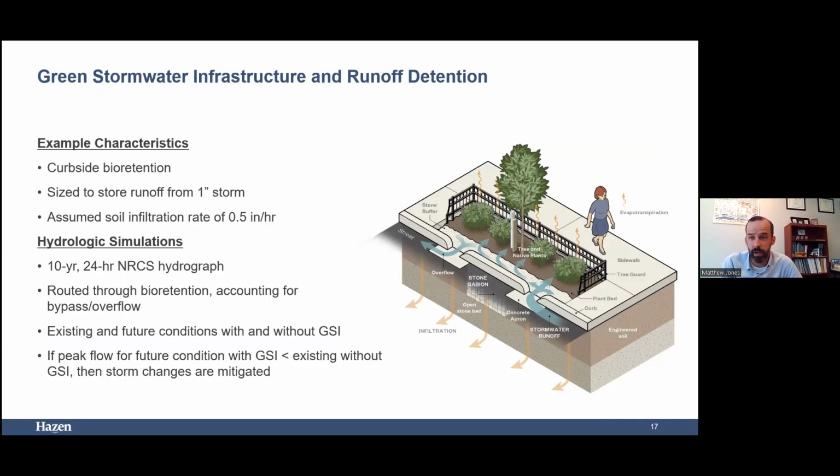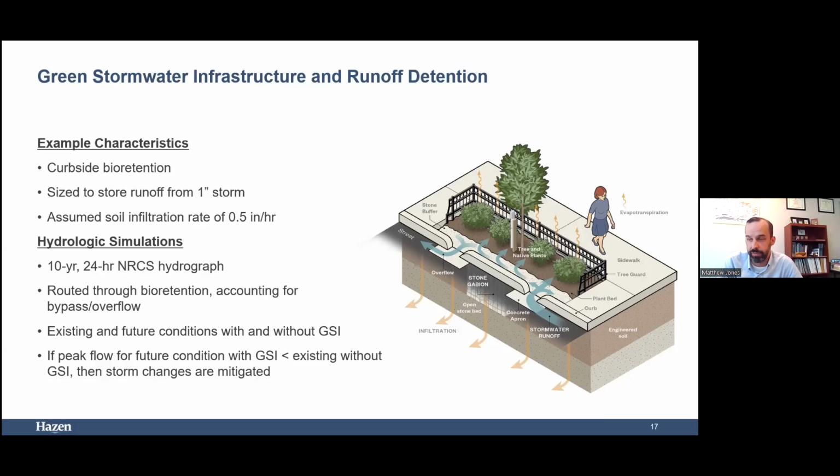To do that, we did some hydrologic routing through a typical curbside bioretention area. This was sized to manage runoff from a 1-inch storm. We assumed a soil infiltration rate of 1/2 inch per hour, both at the bioretention surface and into the underlying soil. We ran a 10-year, 24-hour NRCS hydrograph through that, a fairly common storm used for sizing pipe conveyance systems.